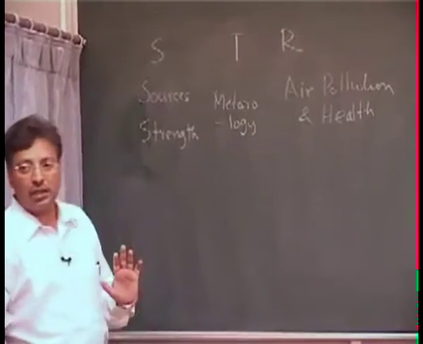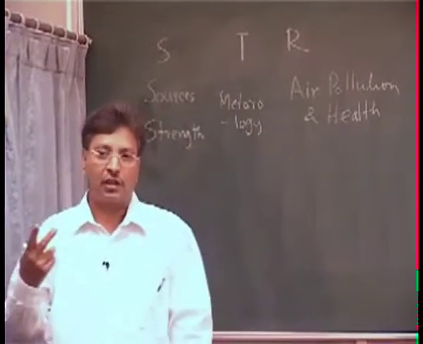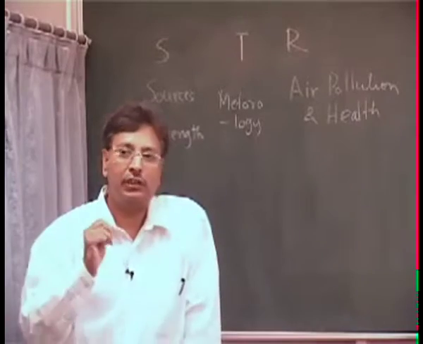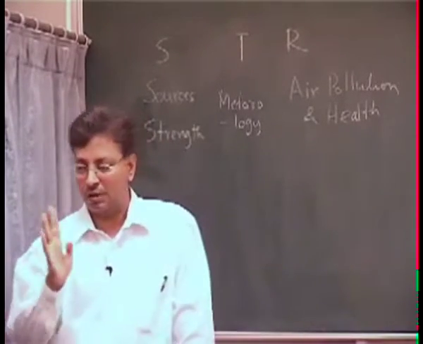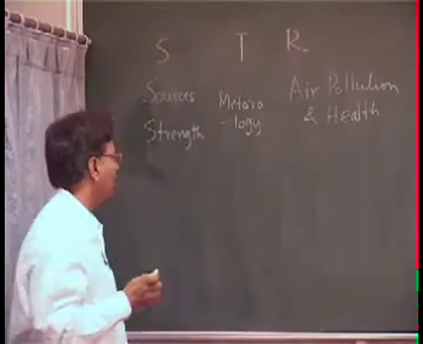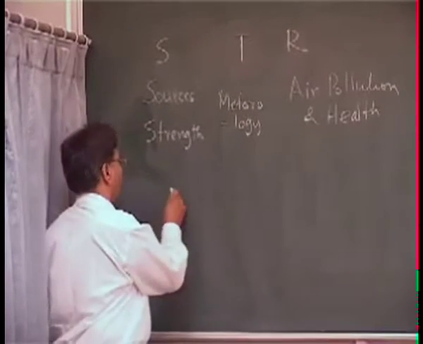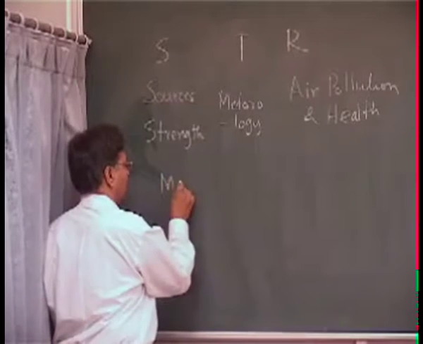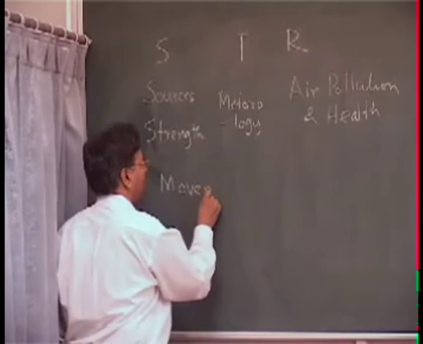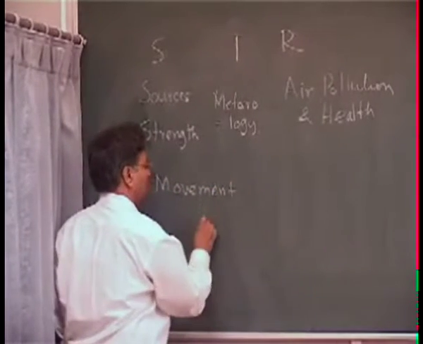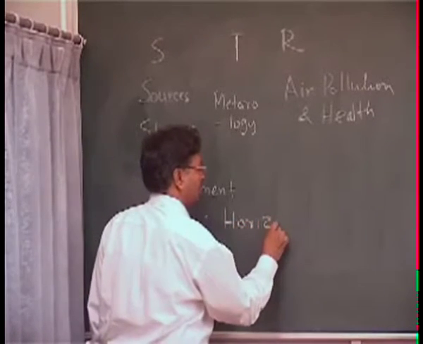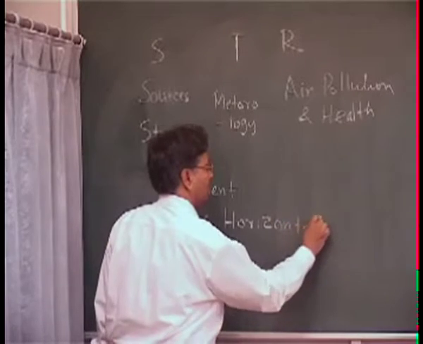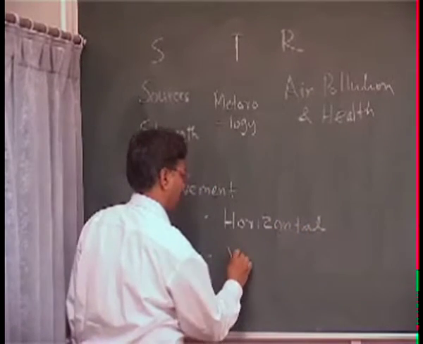In meteorology, we talk about two things. The movement of the pollutants can be through two means: one is a vertical movement, another is a horizontal movement. So when we talk about the movement of pollutants, horizontal and then the vertical.